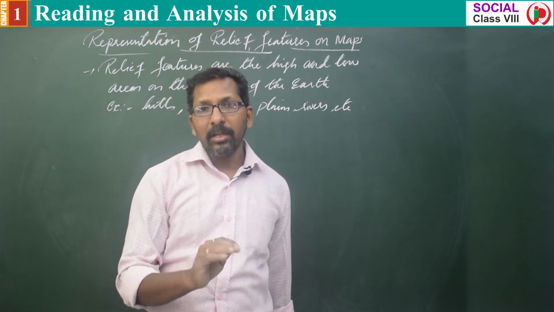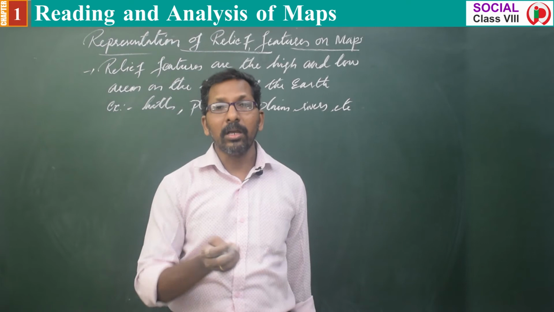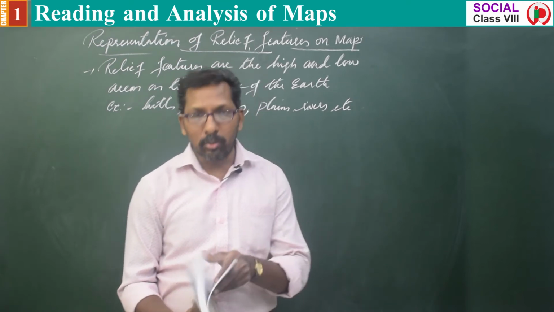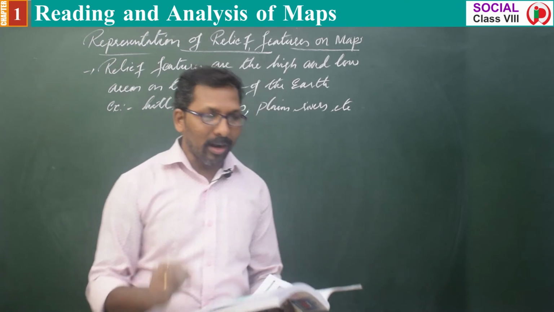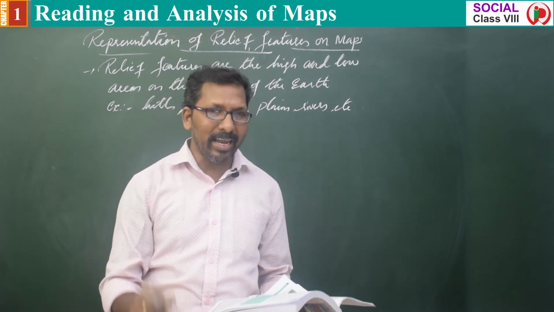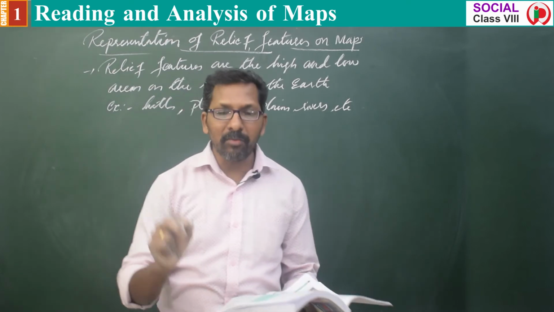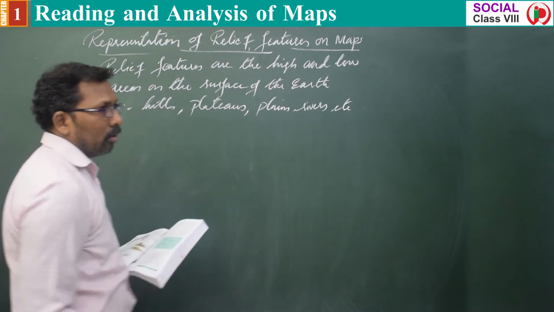For this, a special feature called contours is used. Now what is a contour? Contours are lines on the map joining places of the same height measured from the sea level. So how can we show all these things?